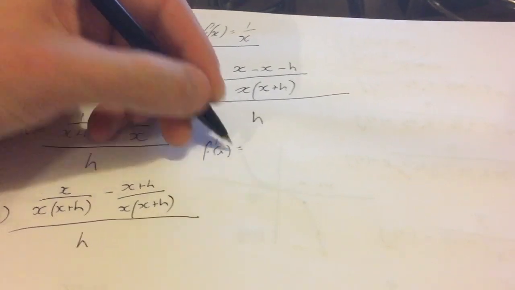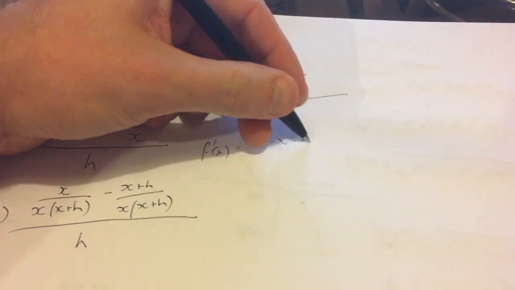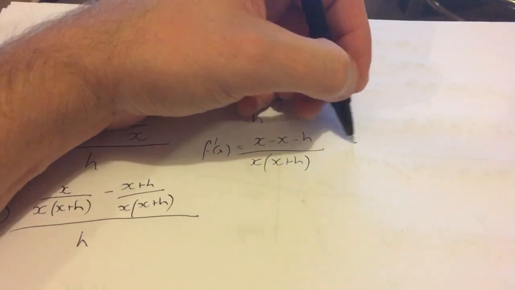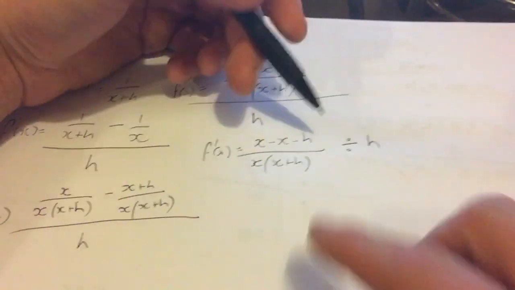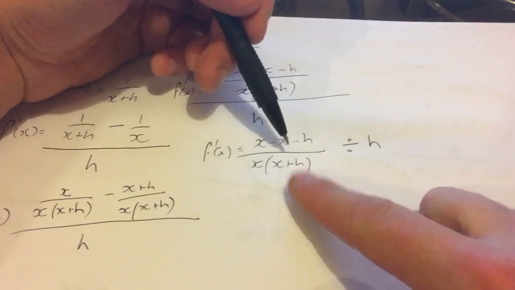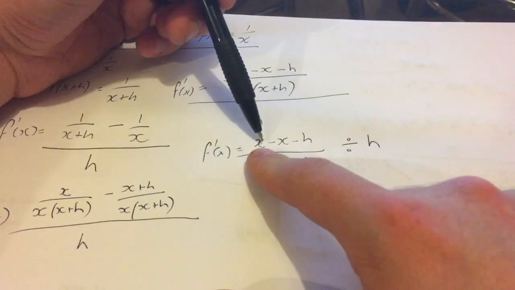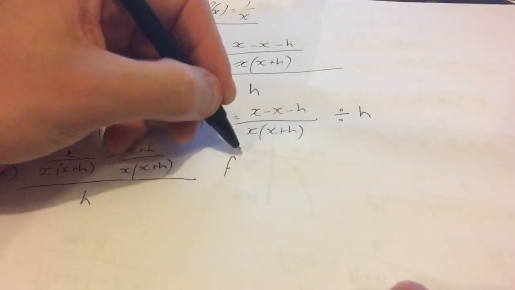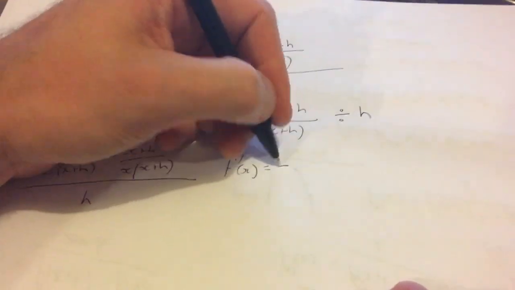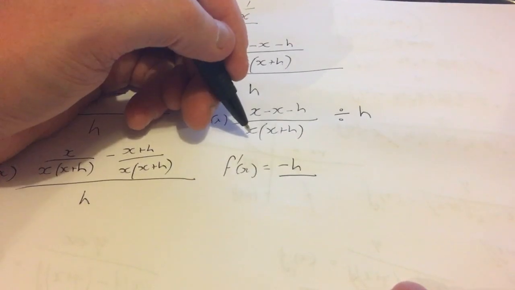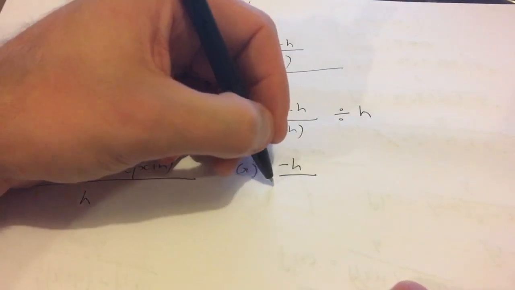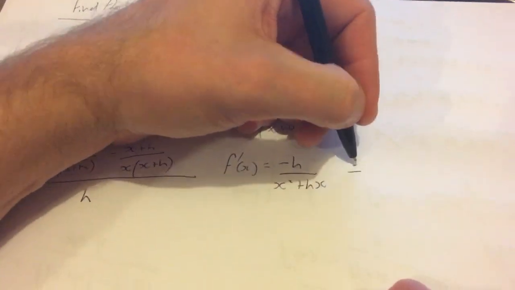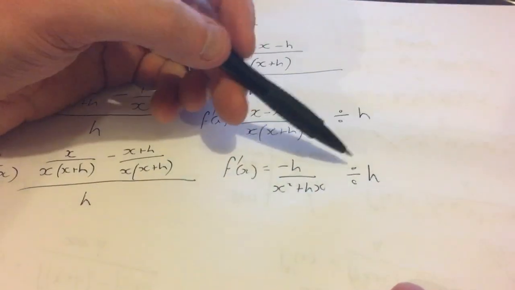So f dash of x is x minus x plus h over x times x plus h divided by h. So it's no longer a triple layer fraction, and I can actually work with this side without worrying about this. So x minus x is just going to disappear. So our gradient function is minus h over x squared plus hx. And we want to divide this whole fraction by h.